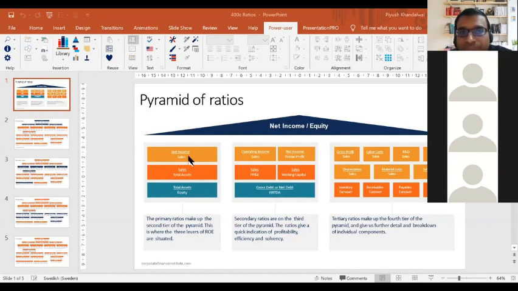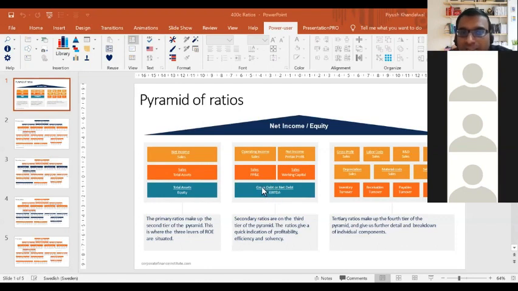Net income by sales is again having a bifurcation of operating income by sales and net income by pre-tax profit. Okay, now this gives an indication of efficiency and profitability, right?